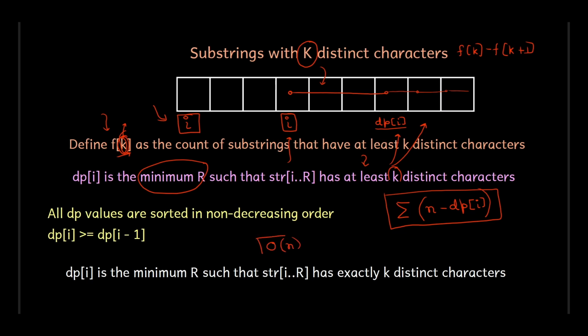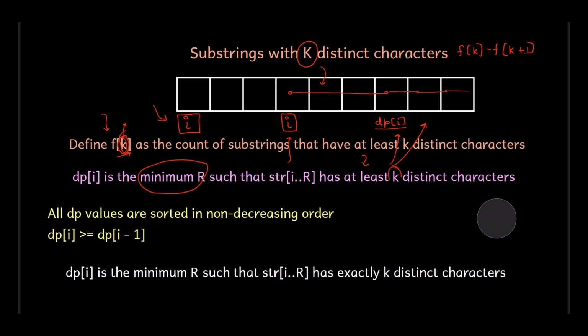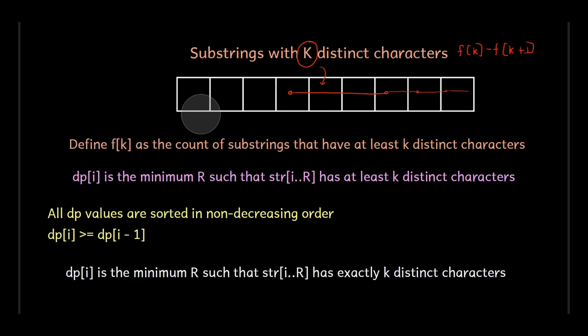This might be a very standard trick known to some of you, but I still decided to make this video because a lot of newcomers to Codeforces or LeetCode might not be aware of these tricks. If you want to find some properties of a substring, you first formalize it by saying that I want my substring to start right here at a fixed index I, and then you define your DP like that.